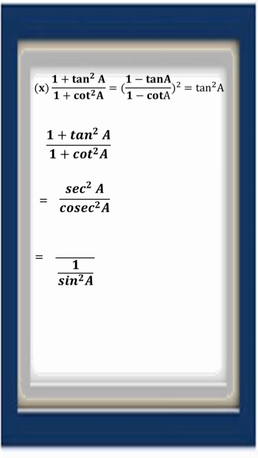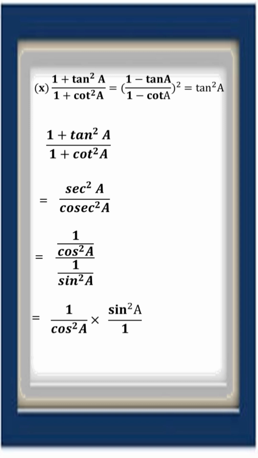In the numerator, secant square A is equal to 1 upon cos square A. So now this can be written as 1 by cos square A, and for the denominator, take the reciprocal, that is sin square A upon 1.